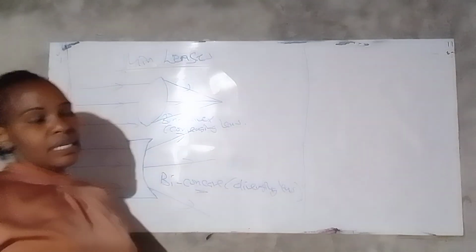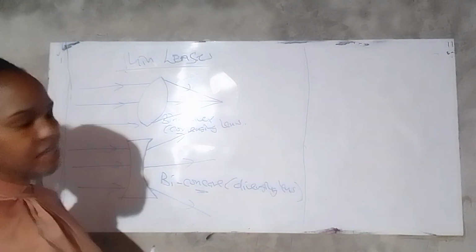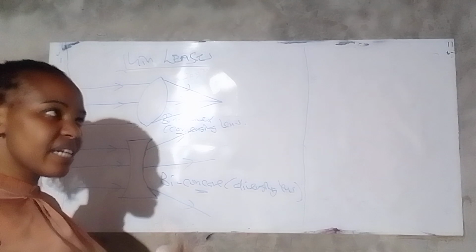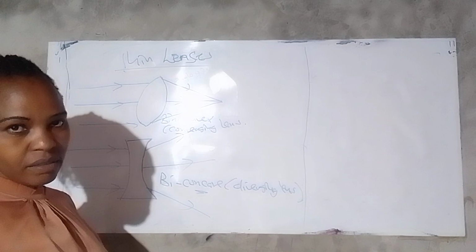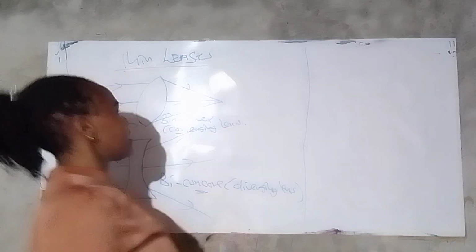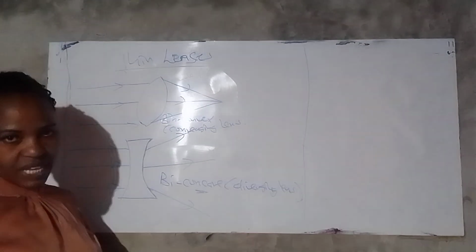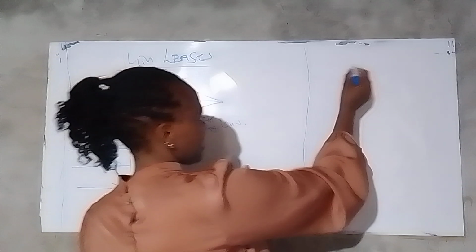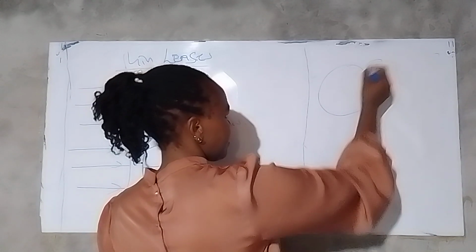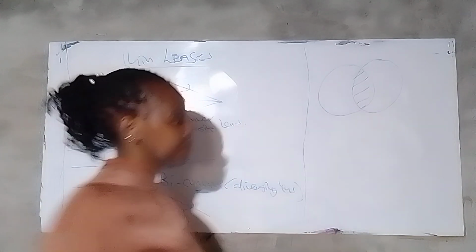Now the other very important thing I want to discuss in this lesson is that these lenses, we get them from spheres. Like bi, remember we have two sides, so we are going to have two spheres. If we have two spheres that are intersecting like that, and this is very important, then this piece here is our lens.